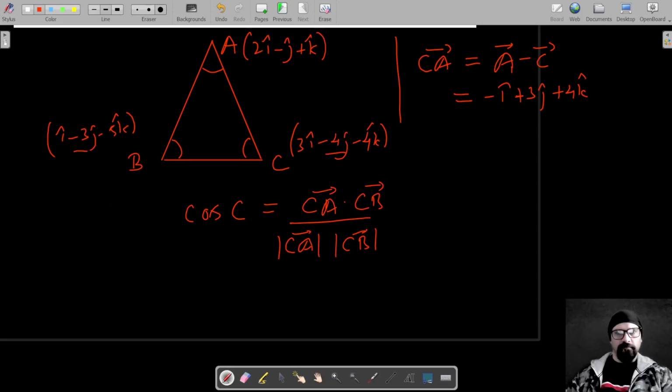So minus I cap plus 3J cap plus 5 K cap. This is actually 5.